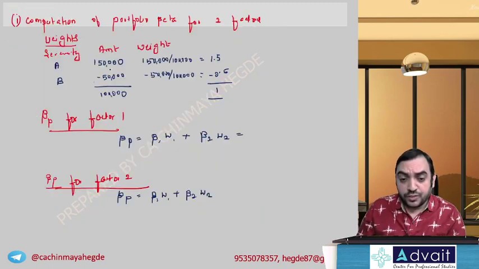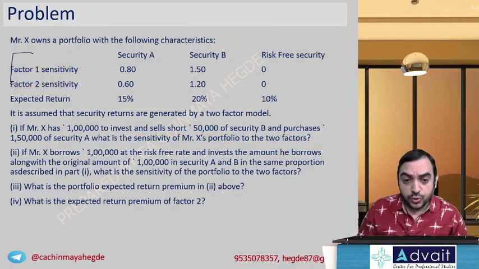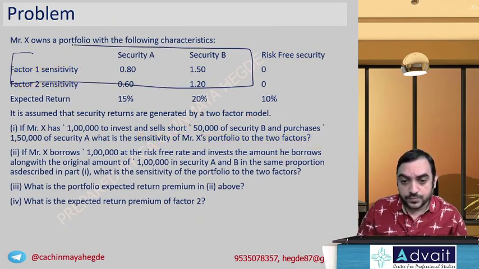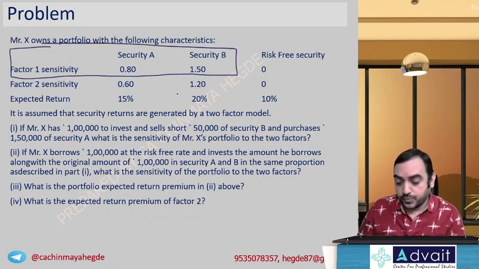We are computing for factor 1, so look at only factor 1. Factor 1 means only look at the first row. So betas are 0.8 into the weight and 1.5 into the weight.